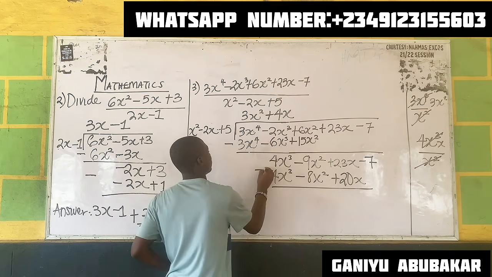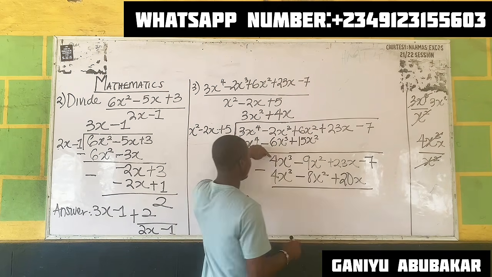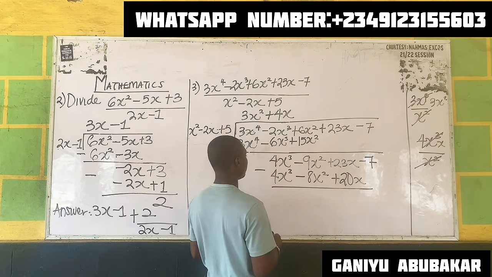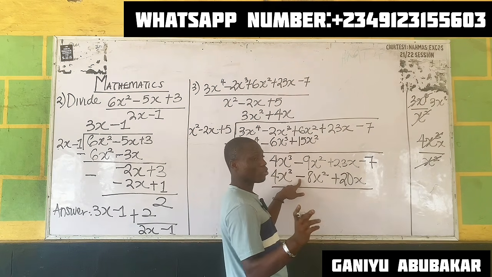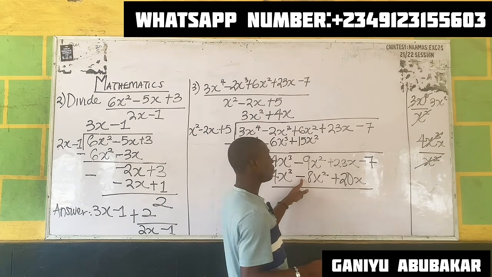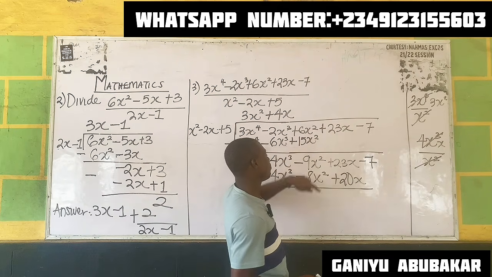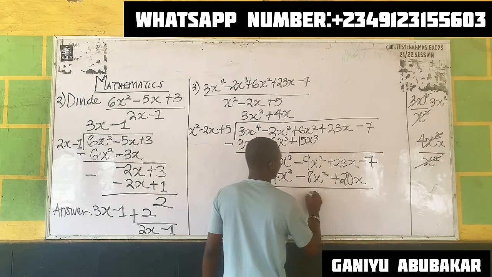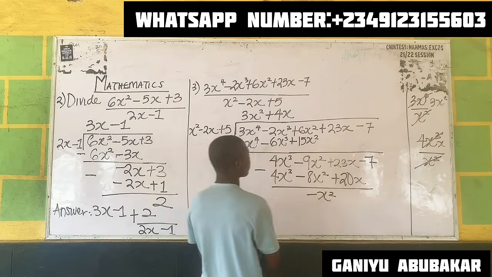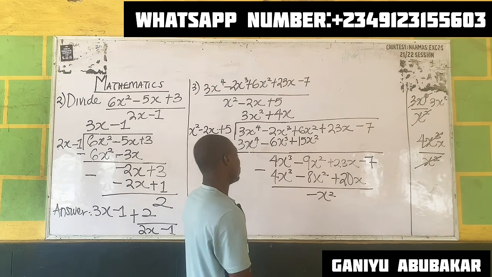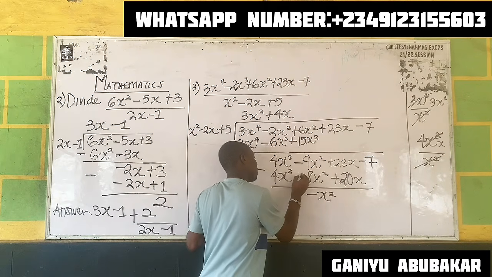It says subtract them. So this minus this is 0. Minus times minus gives you plus. So this is positive 8x squared. So minus 9x squared plus 8x squared gives you minus x squared, because minus minus is plus.